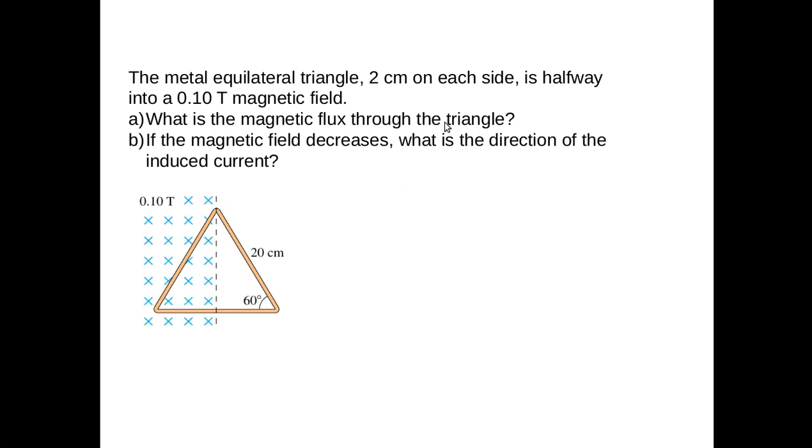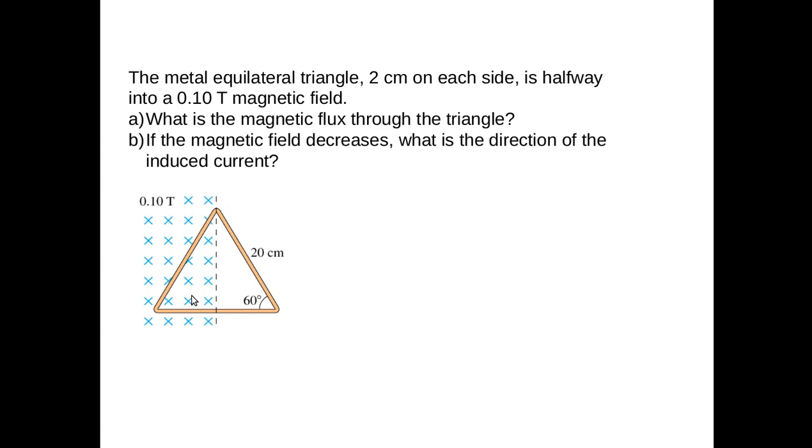So that's the magnetic field strength times the area of the loop that's in the presence of the magnetic field. Now the difference between this problem and previous problems is that only half of the triangle is in the magnetic field. So I'm only concerned with this area right here. So I'm going to calculate the area of just the triangle that's in the presence of the magnetic field.